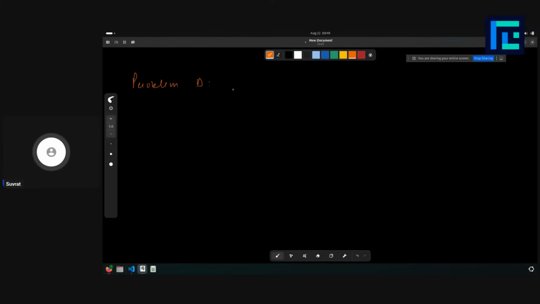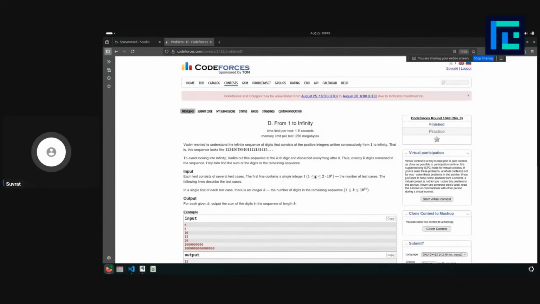So, basically, we are given an infinite sequence consisting of digits of the numbers from 1 to infinity. Basically, 1, 2, 3, 4, 5, 6, 7, 8, 9, 10, 11, 12, 13, 14, 15, and so on. And we are given k, where there are 2 into 10 to the power 4 test cases, and k is up to 10 to the power 15.